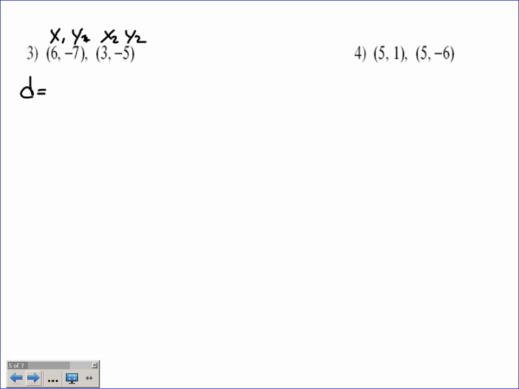Okay. This equals the square root of, this is x2 minus x1 plus y2 minus y1 squared. Okay? So now you just need to fill in the blanks here. So what does this equal?